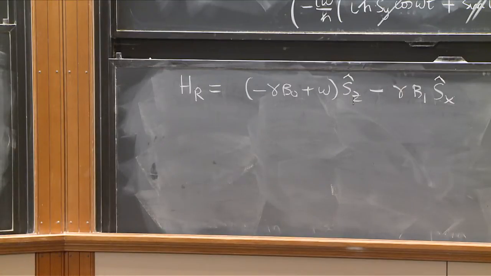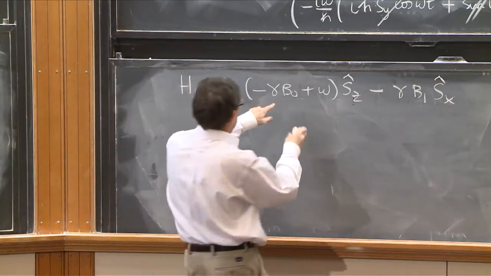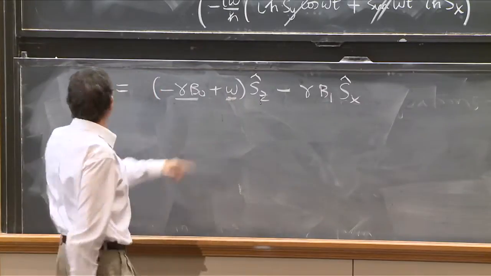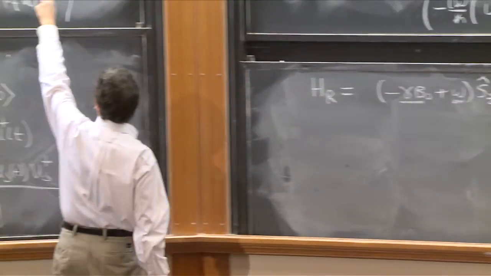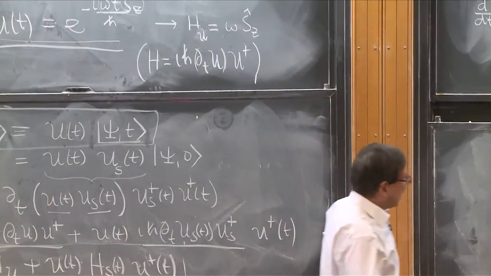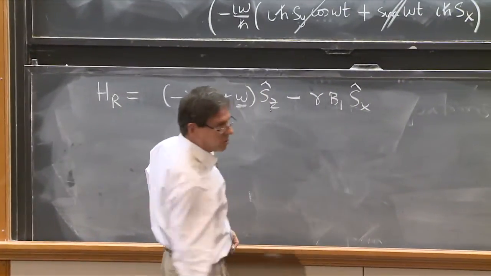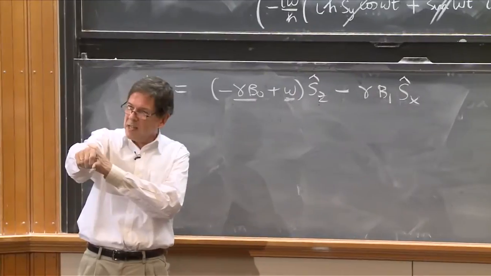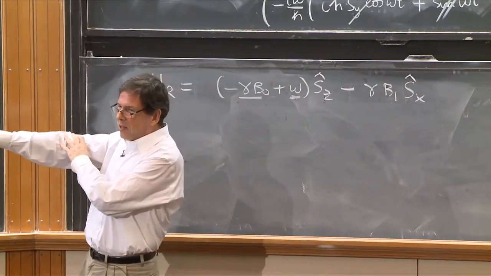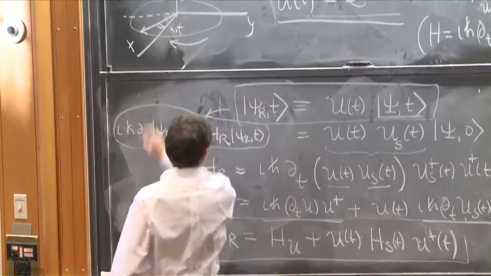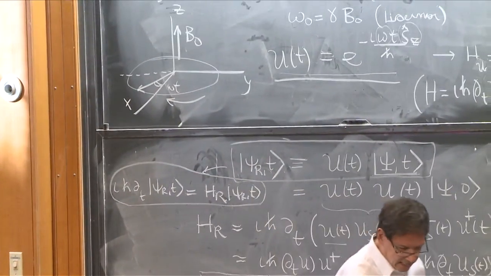Just two pieces. The Sz part of the Hamiltonian that used to be this got this extra piece from the rotation. That's our omega Sz. And this piece over here is all that is left of the rotating one, because in the rotating frame, the magnetic field is always along the x-axis, as it was at time equals 0. So it's a perfectly nice Hamiltonian.